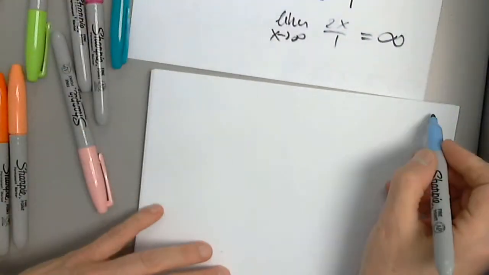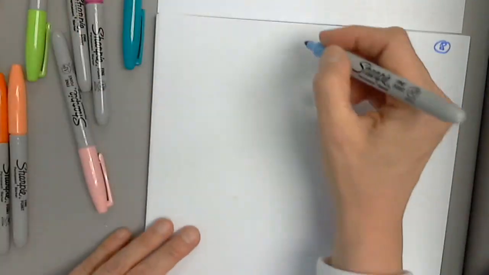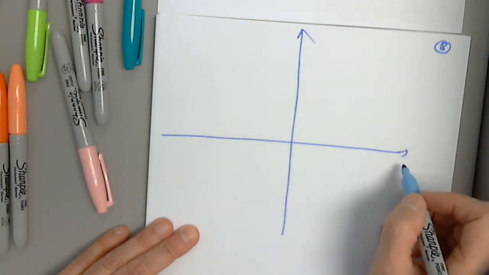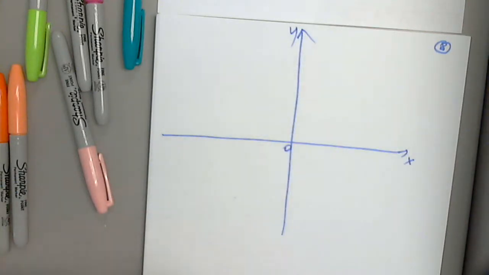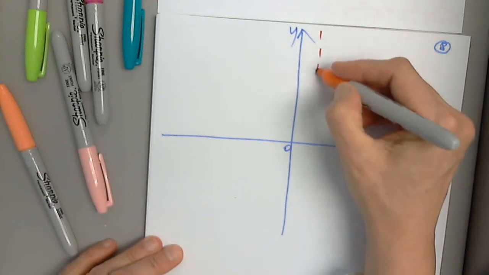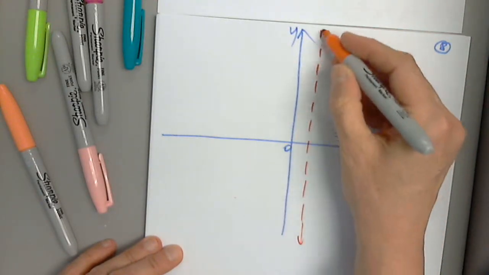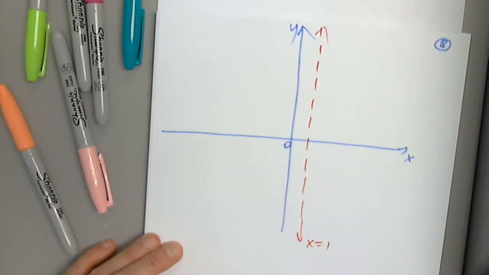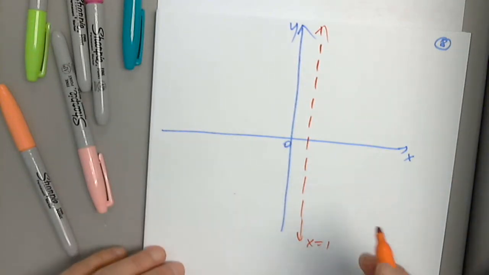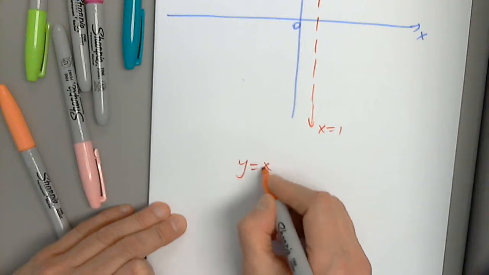Vertical asymptote at 1. Slant asymptote x plus 1. So y equals x plus 1.